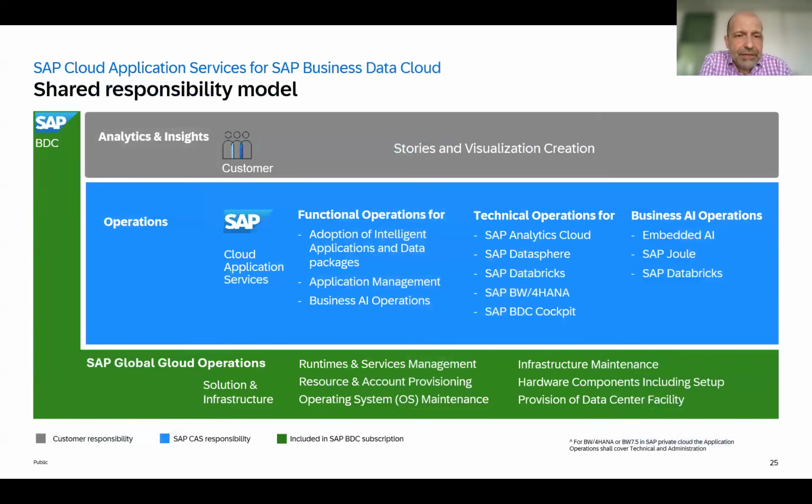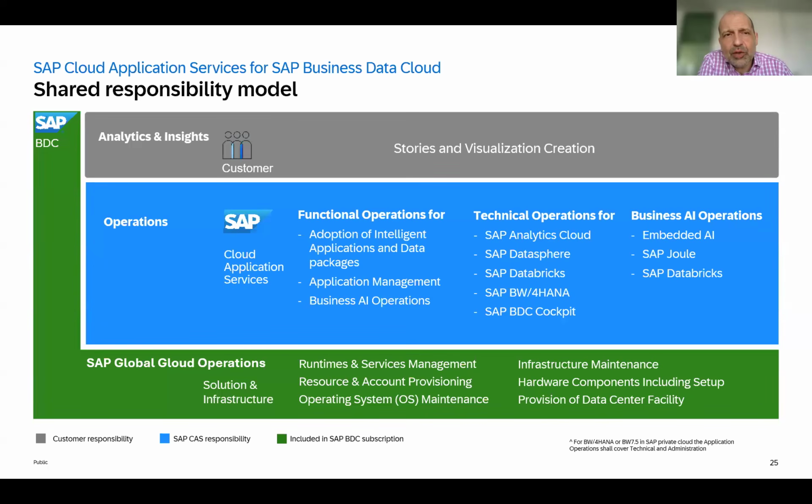Here you can see the different layers where SAP Cloud Application Services is filled in between the BDC technical infrastructure side, which is hosted by Global Cloud Operations in the green area. This is what is done from our colleagues from the ECS Global Cloud Operations team.